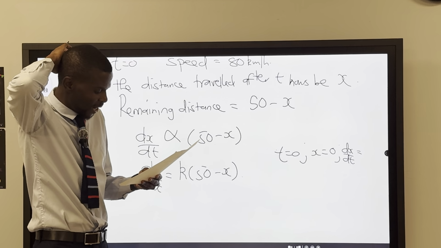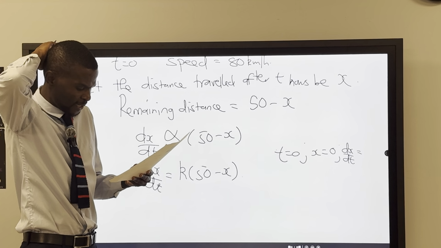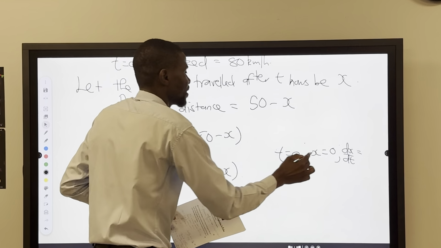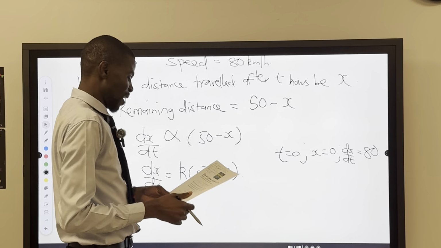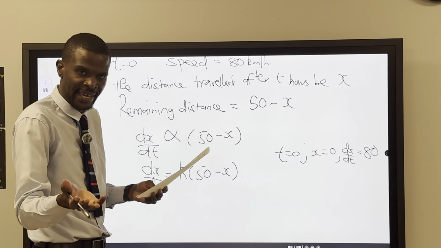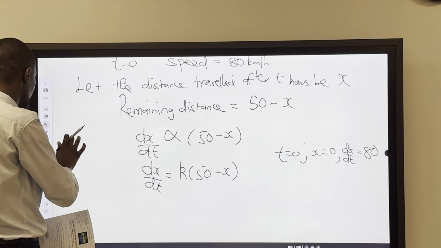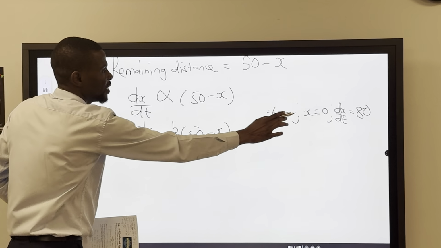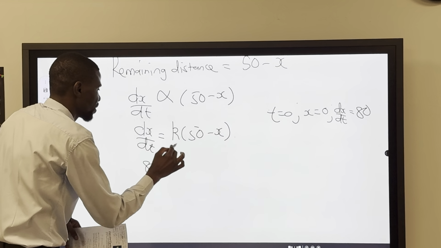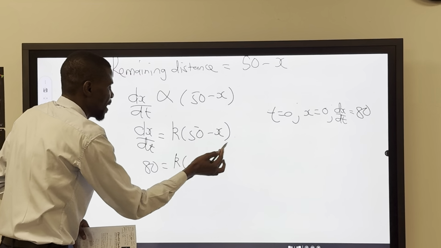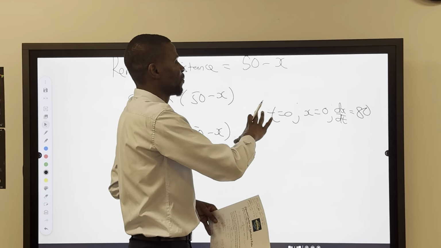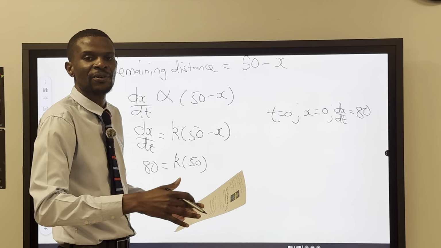So guys, dx/dt, oh, it's 80, it's given. I'm sorry. It says a car travels a distance of 50 kilometers with an initial speed of 80. So let's use that information to find k. dx/dt is 80, so 80 equals k times 50 minus 0, because initially we haven't traveled and we are still at the same spot.